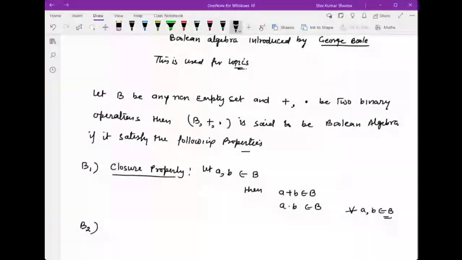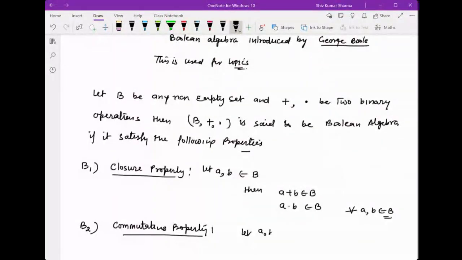Second, we take B2, the commutative property. For the commutative property, we take two elements.